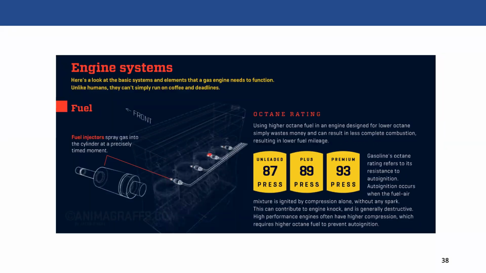The reason why certain vehicles will prefer higher octane ratings is to be resistant to something called auto ignition. For a lot of higher power engines, luxury vehicles, the engines can run a little bit hotter, and the conditions within the pistons themselves are a little bit different.